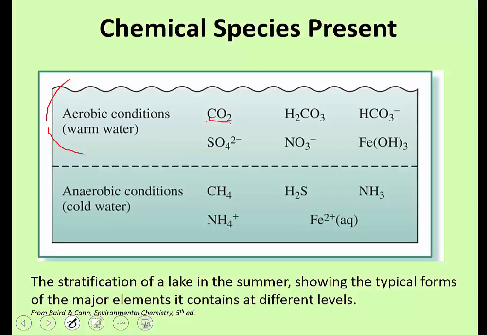We have carbon dioxide, sulfate, nitrate, iron hydroxide, and carbonic acid, which remember is essentially water and carbon dioxide gas. Those two are very closely related. And then also bicarbonate ion, hydrogen carbonate, so that relates as well to these two, right?